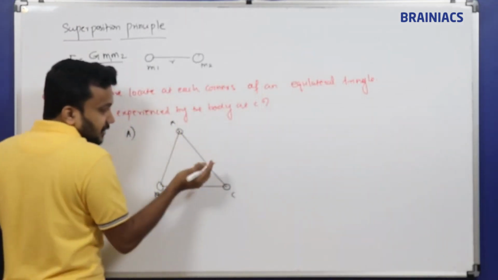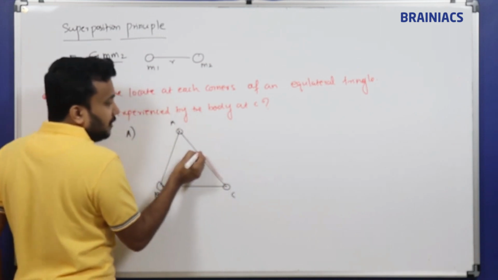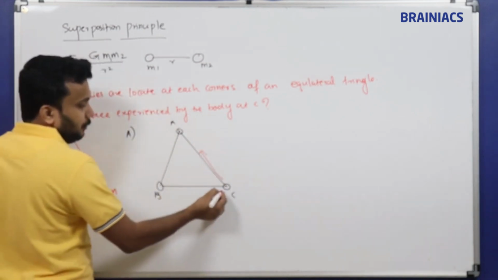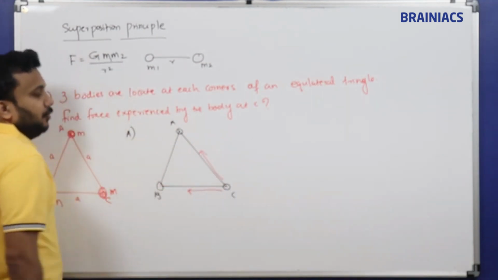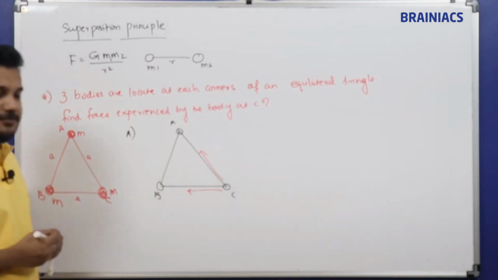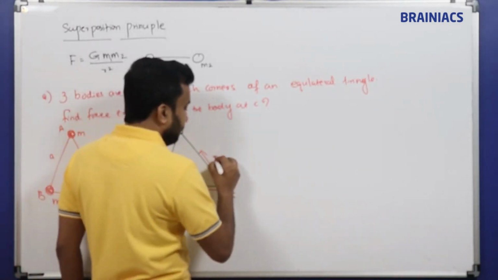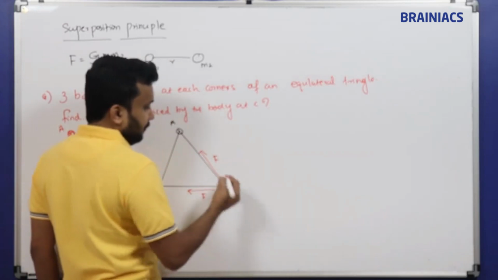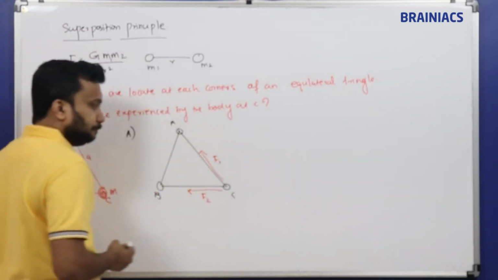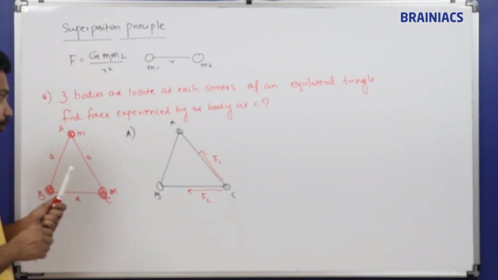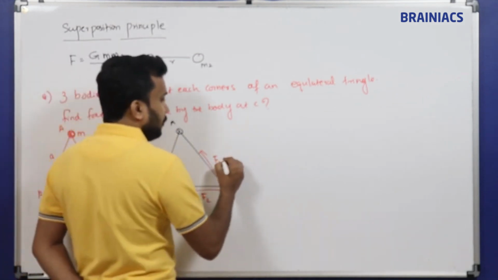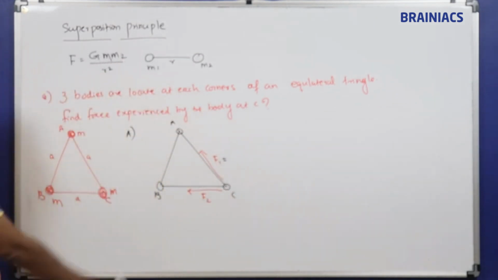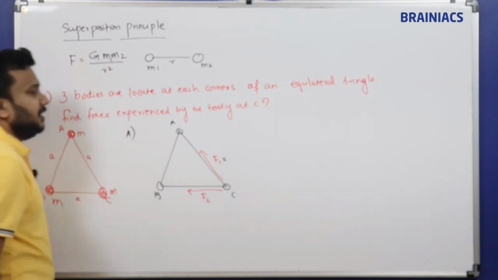C is attracted towards the body A, and C is attracted towards the body B. So two attractive forces are there. This is one force and this is the other force. So I am marking F1 and F2. Now what is the value of F1? F1 is equal to Newton's law of gravitation, G m1 m2 by r square.